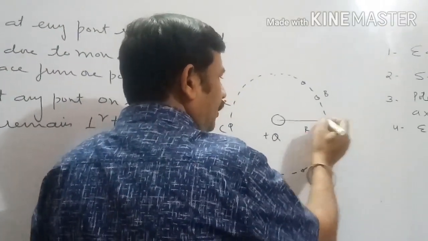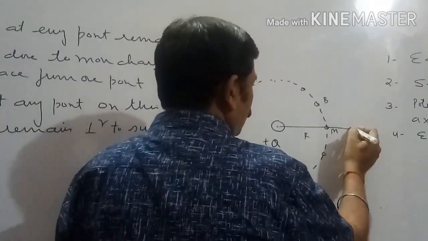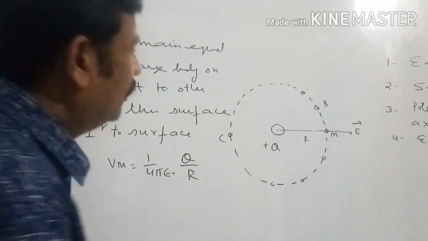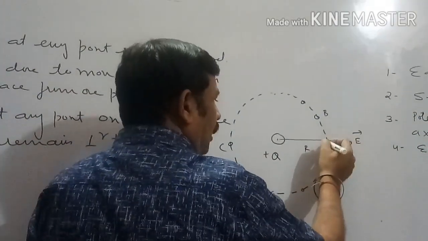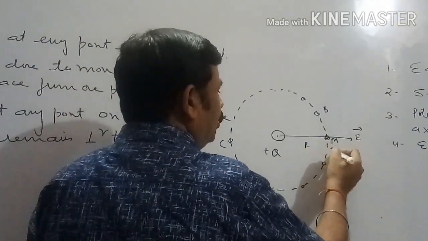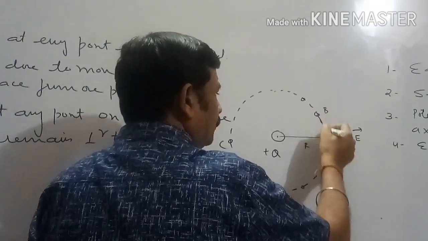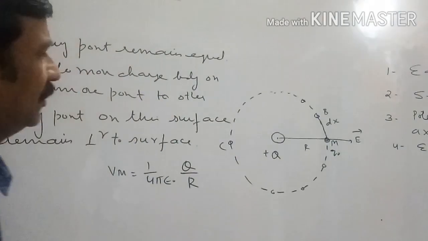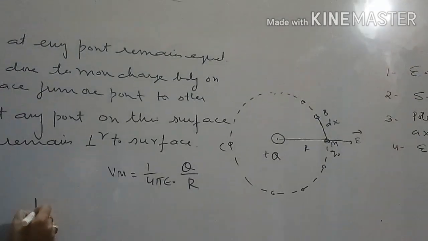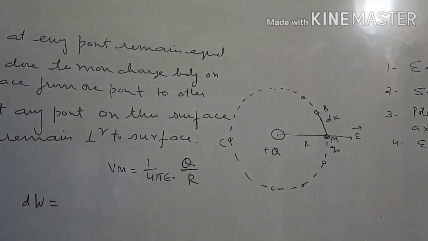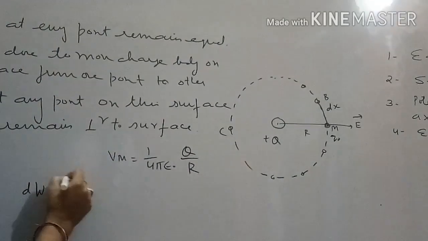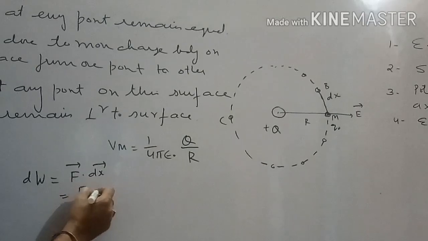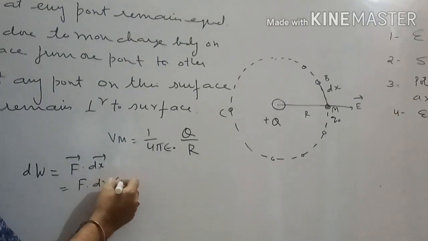This test charge will be repelled by the source charge outward. Let us move a charge body of charge q naught from M to B, where this displacement is very small. How much work will we do? That work done will also be very small: the dot product of force and displacement, that is, force into displacement into cos theta.